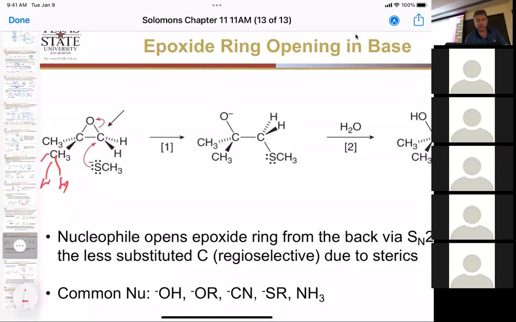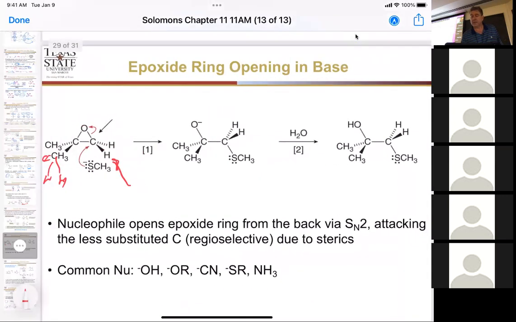Hydrogen, hydrogen, hydrogen. So it's going to attack the less sterically hindered side, giving us our kinetic product, or our less substituted carbon getting the nucleophile. Okay, so that means all of our nucleophiles that already have negative charges on them, and nitrogen.